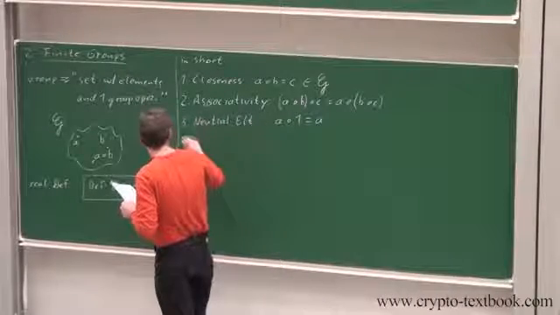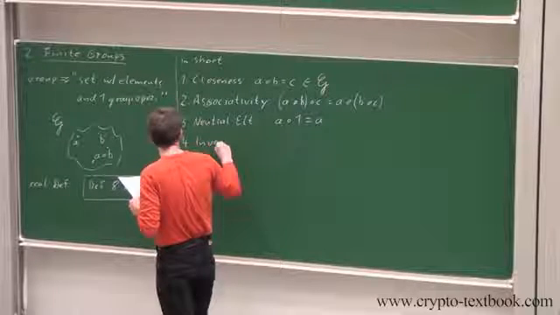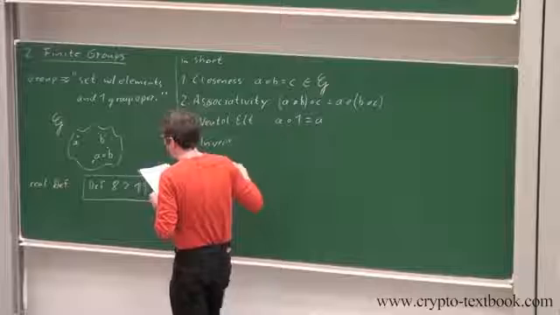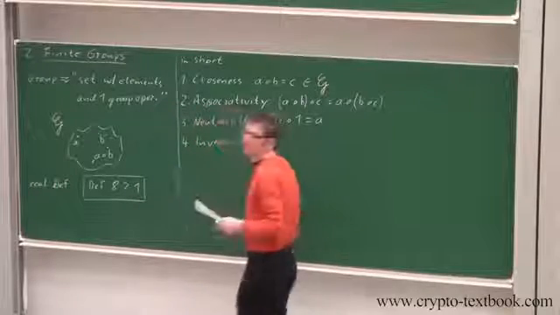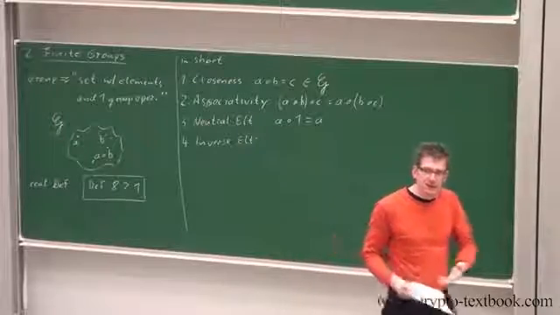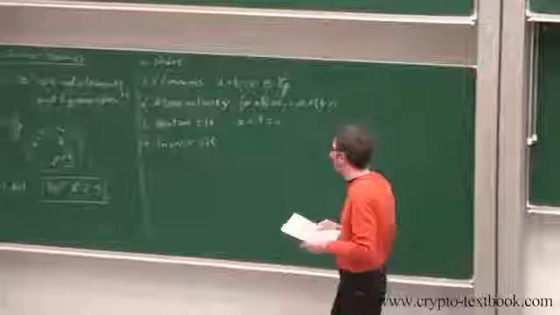Now maybe the fourth is maybe the most important property for us here. There are inverse elements. That means every element A of G, from the group, has an inverse element.